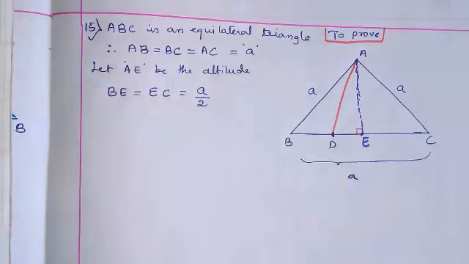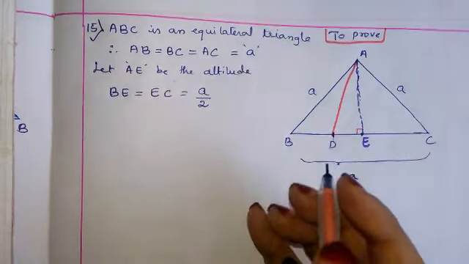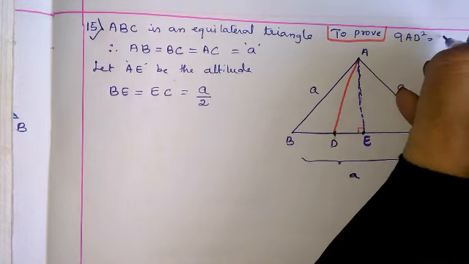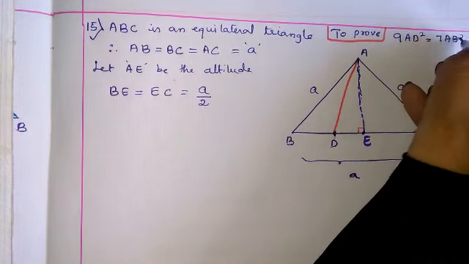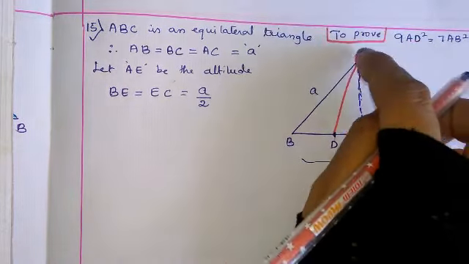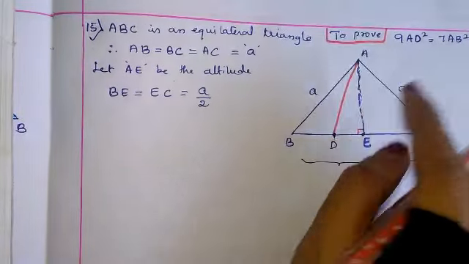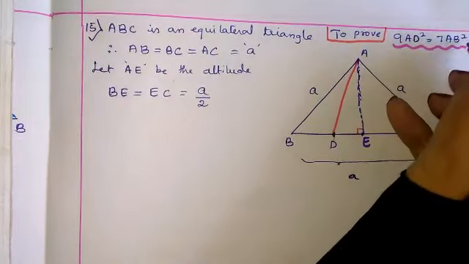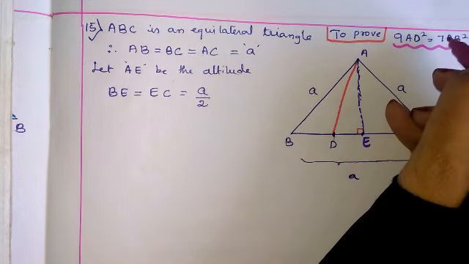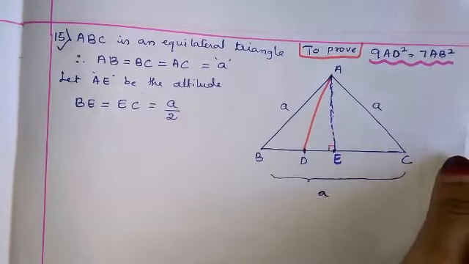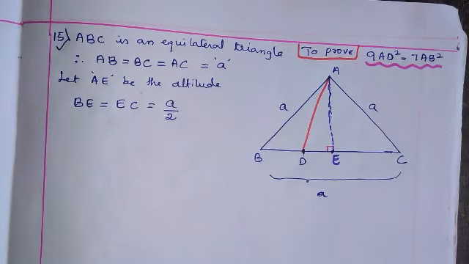They have told in to prove 9AD square is equal to 7AB square. Unless and until we have the side AD, how will we find AD? So I have joined this AD. What we have to prove? This we have to prove. The very important thing. This is our answer. We have to bring this answer. Got it? Okay. Now let us start solving.